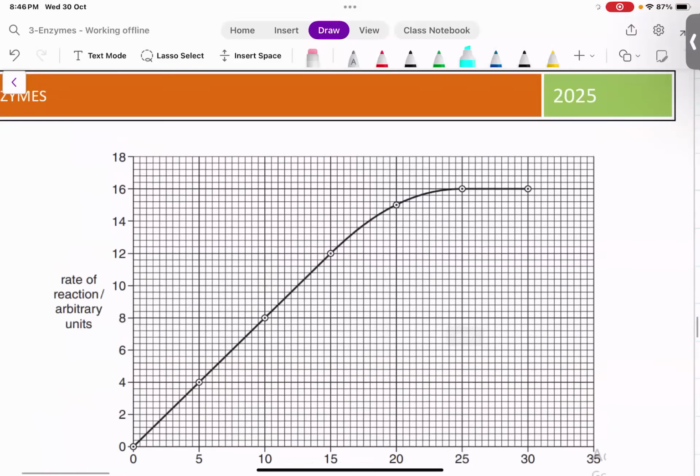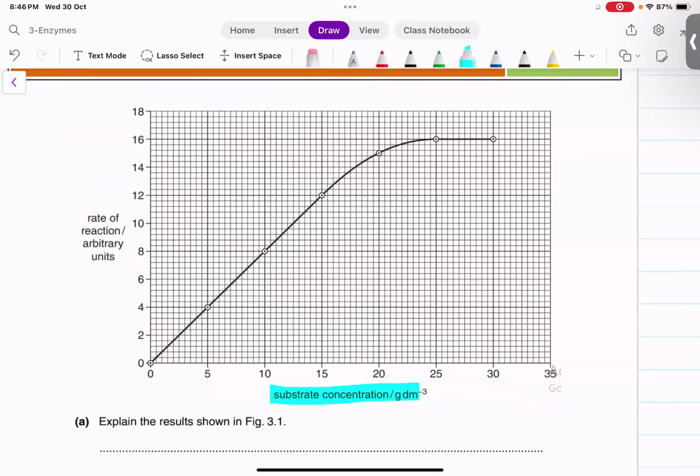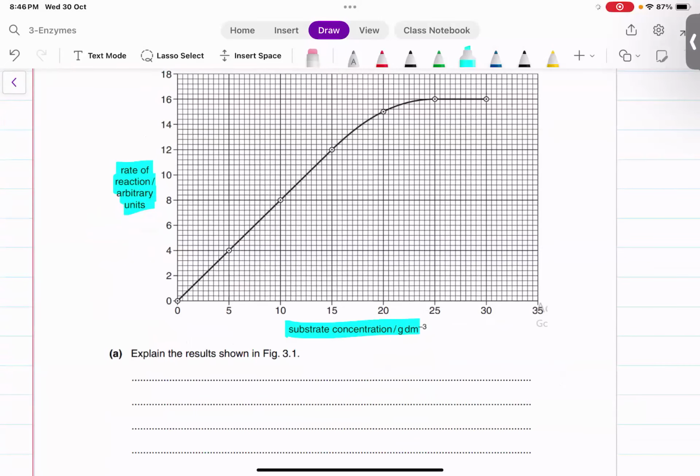This is the effect of substrate concentration here. We have substrate concentration on the x-axis, and rate of reaction on the y-axis. Now the question is, explain the results shown in figure 3.1. As we increase the substrate concentration from 0 to 20, there is a steeper increase in the rate of enzyme action.